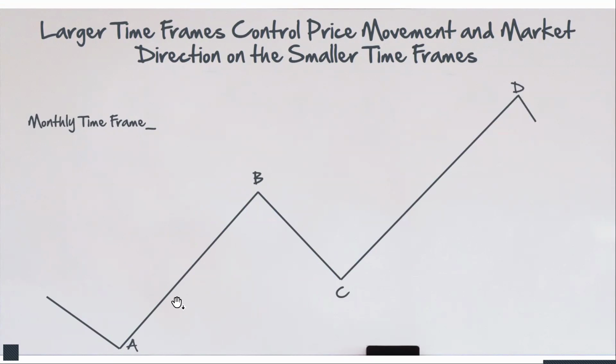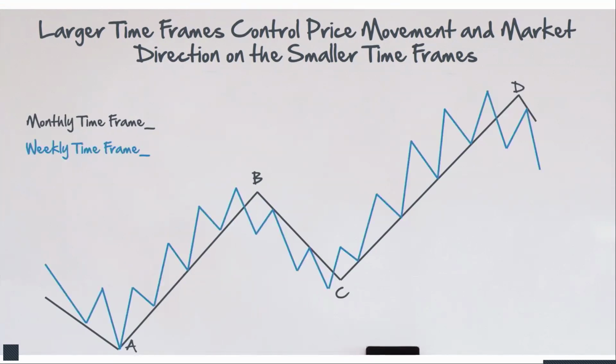Now watch this. The same time this monthly started is A, weekly also started A from the same point. But you can see that while monthly is still moving from A to try to go to B, weekly has already done A, B, C, D on top of the monthly.